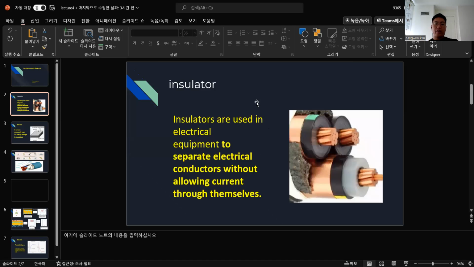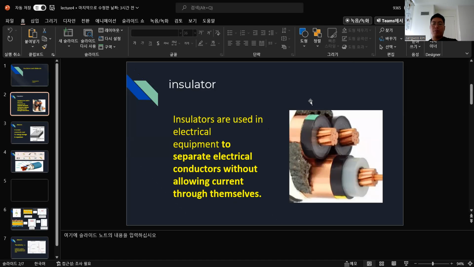An insulator is used in electrical equipment to separate electrical conductors without allowing current through themselves. Which means it prevents current, right? Look at that here. So it's not a resistor, you know what I mean?